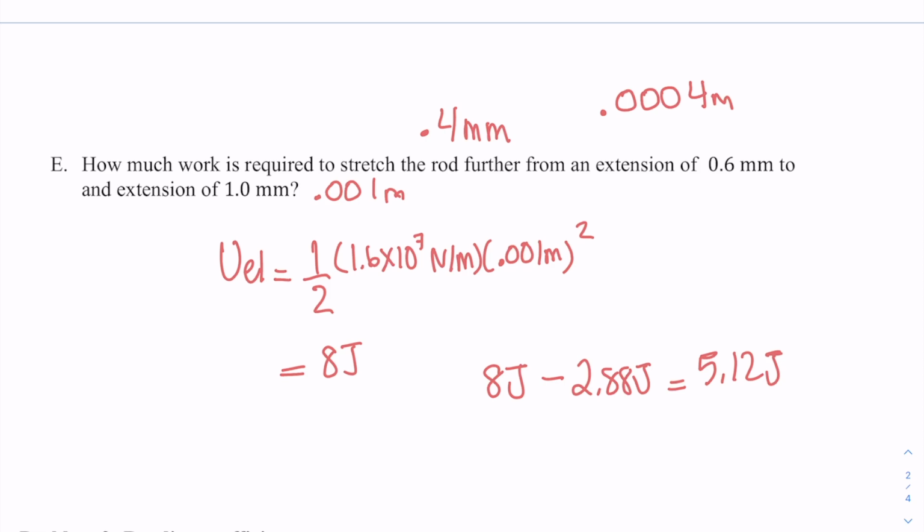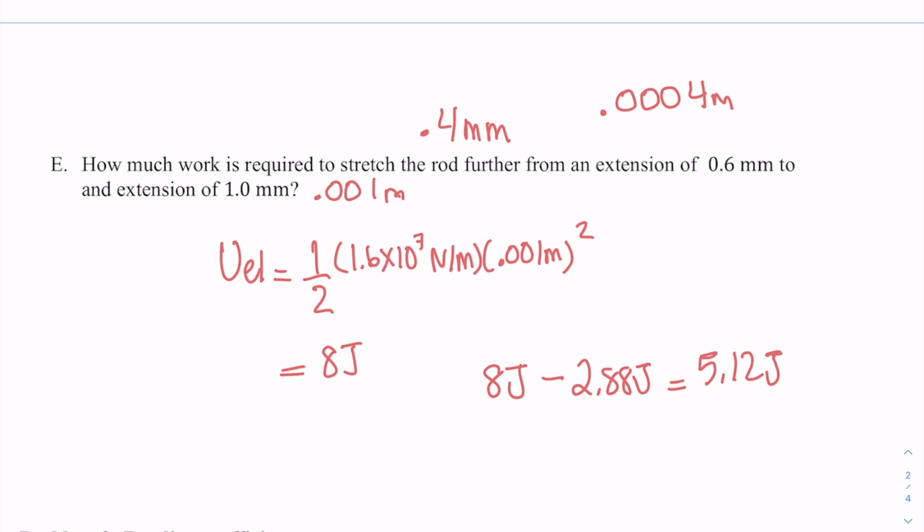And I think maybe the reason why, like I said, I'm just not 100% sure about this, but if we go back to what we defined delta L to be, delta L is the distance that we compress or stretch a specific object or rod, right? So we initially extended it to 0.6, and then we want to extend it further to 1 millimeter.